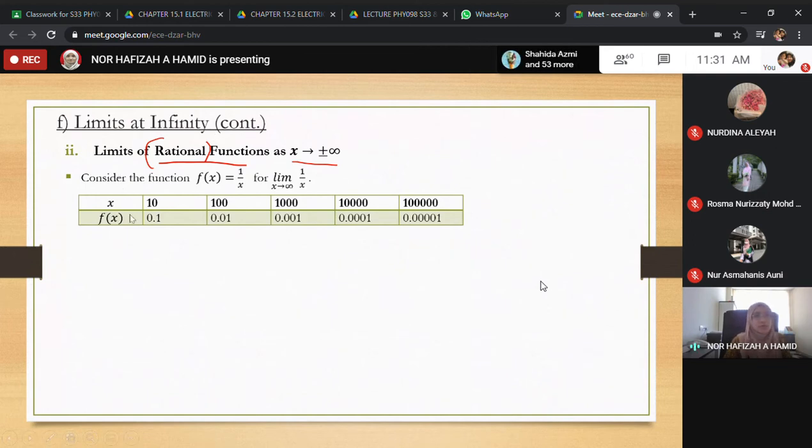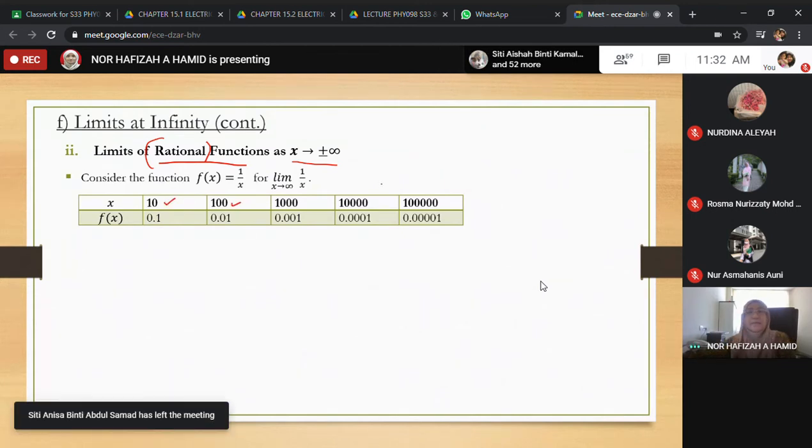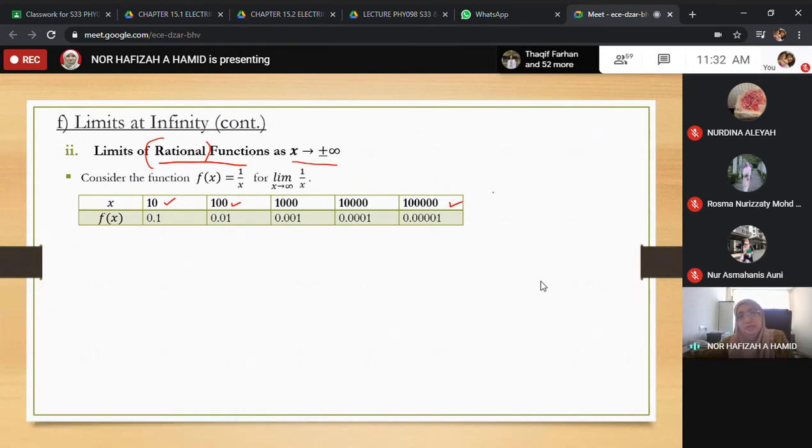Okay, so from this table, for example, the x values increase. So we start with 10, next we move to 100, until the last is 100,000. So x is increased. So as x increases, the value for f(x), the example here chooses the function 1 over x, a rational function.